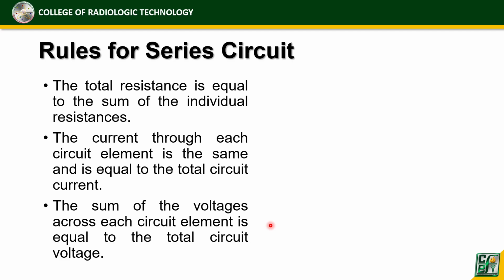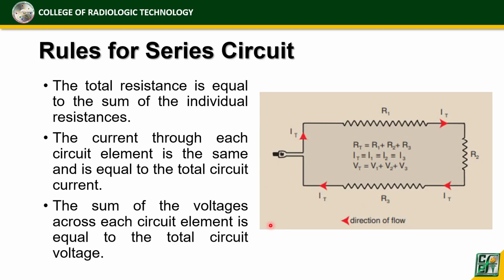So, kung interpret natin to sa formula, yan. Ayan ang kanyang formula. So, the total resistance is equal to the sum of all individual resistances. Okay? The current in each circuit element is equal to the total circuit current.